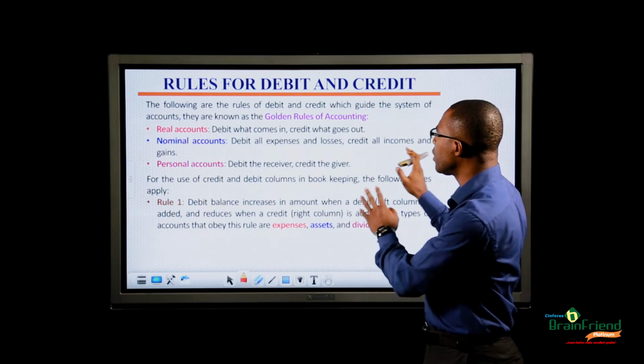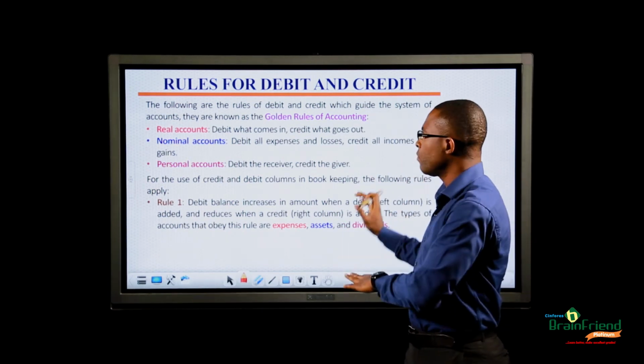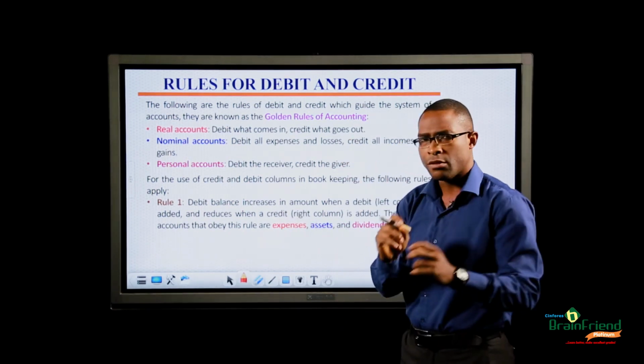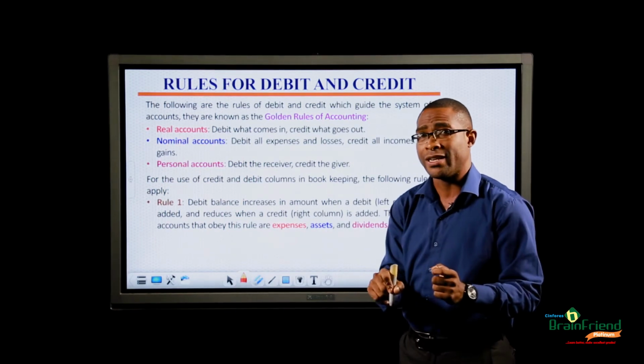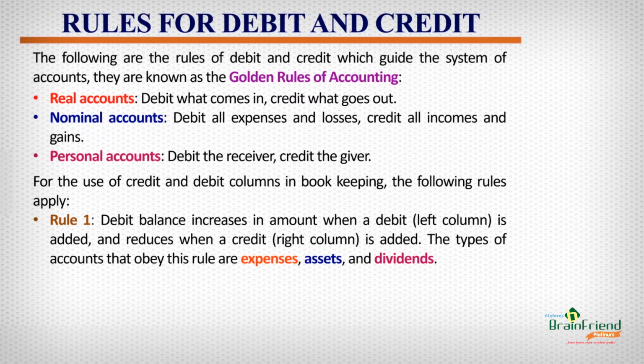But when you're looking at accounting, debit refers to money coming into an account, while credit refers to money leaving an account. For nominal accounts, debits are expenses and losses, while credit involves incomes and gains. For personal accounts, you debit the receiver and credit the giver.